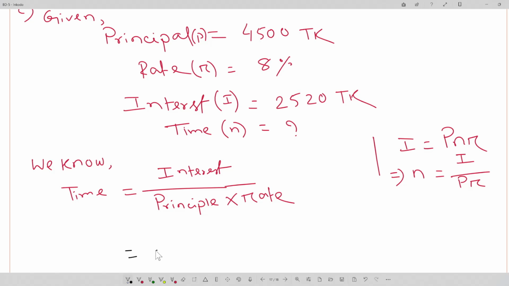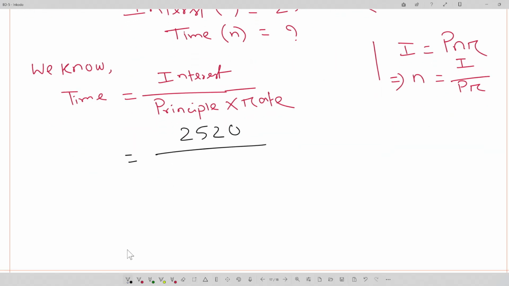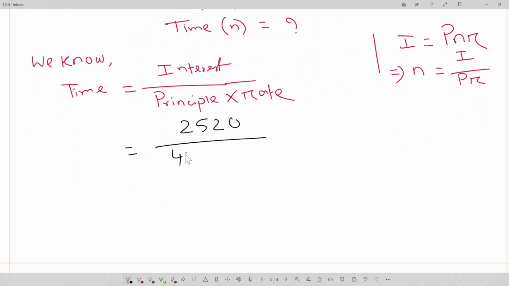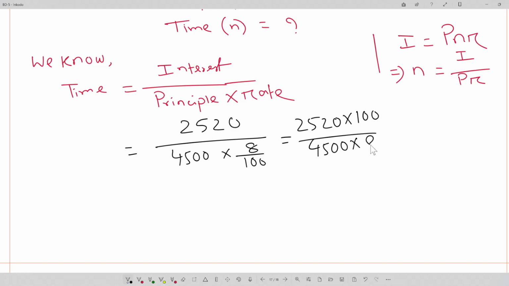So now interest will be 2,520 and then principal 4,500 times rate 8/100. Look, this 100 we can write like 2,520 times 100, right? And here is only 4,500 times 8.